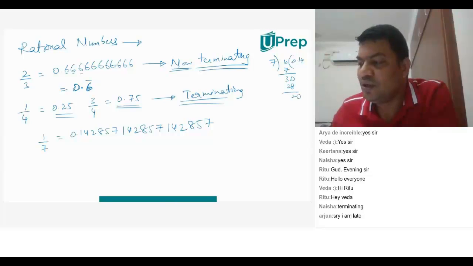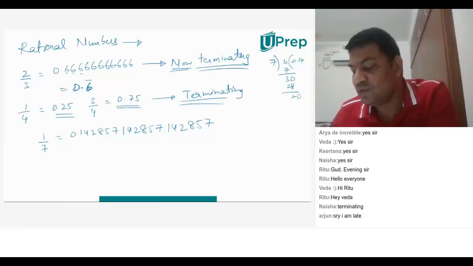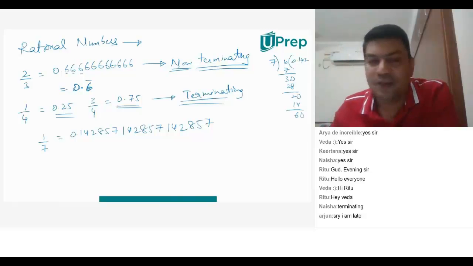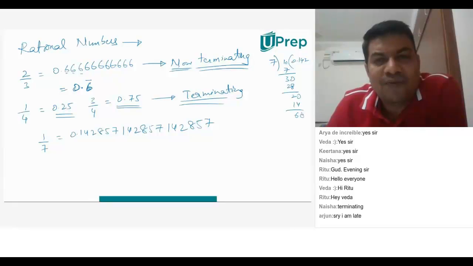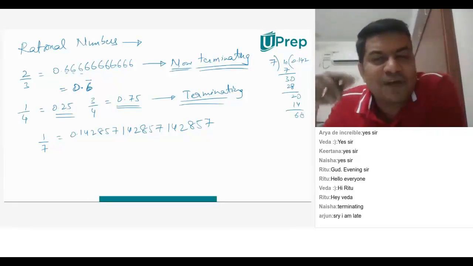You put another 0. 7 twos are 14, so once again you get 6. You put a 0 there. You keep on doing this exercise, and you'll realize you get 142857, 142857, 142857. It keeps on coming.